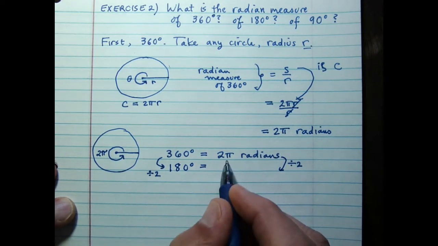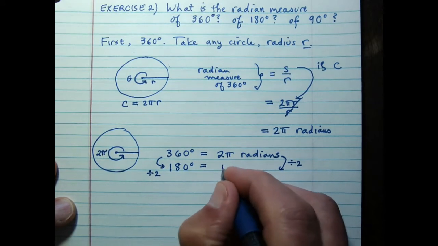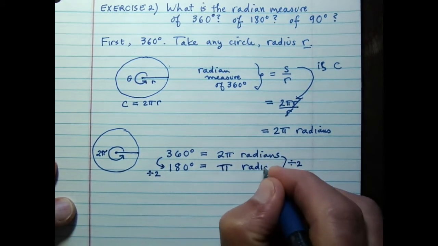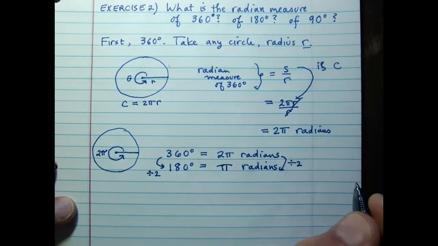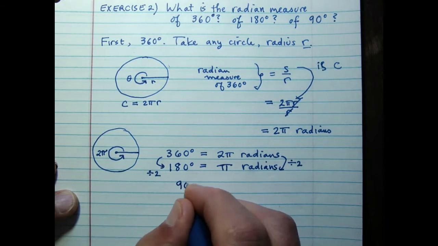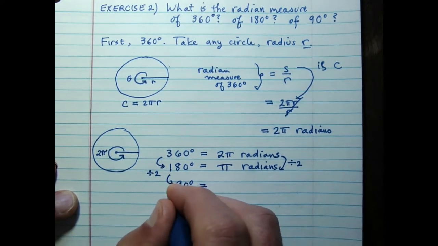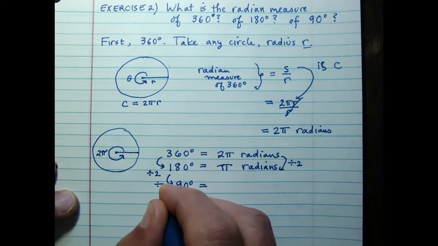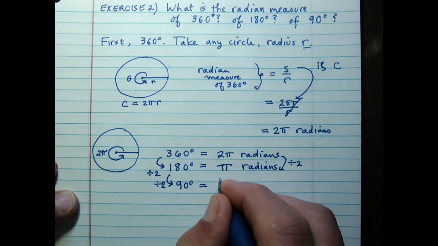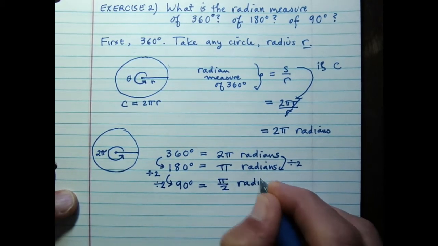The radian measure that I'm going to get is going to be half of 2 pi. If I divide by 2, I get pi radians. And if I divide again to get 90 degrees, so divide by 2 again, and I take pi and divide by 2, I'm going to get pi over 2 radians for 90 degrees.